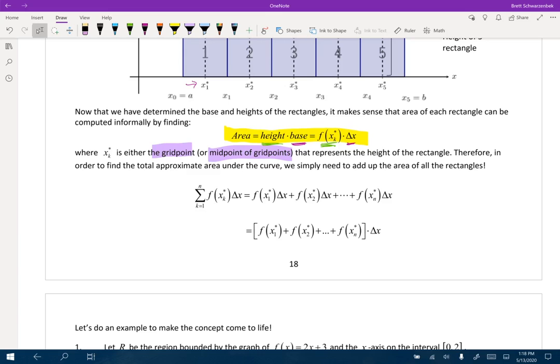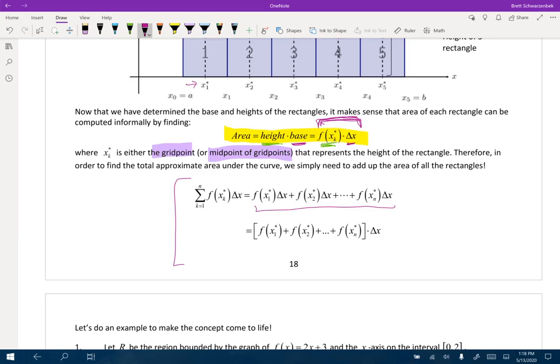I just want to point this out for a second. If we want to find the area of the rectangles, then this is the formula for each area, which means we have to do this calculation for each rectangle. So we set it up like this.